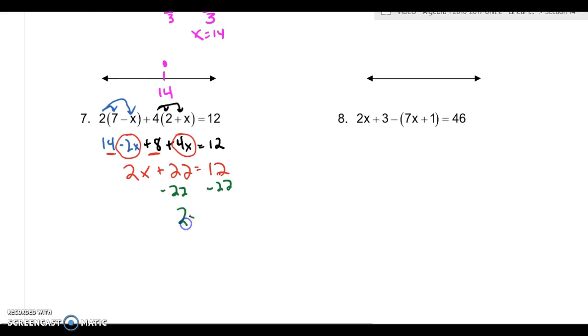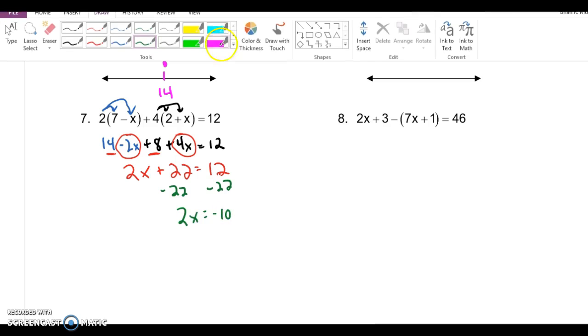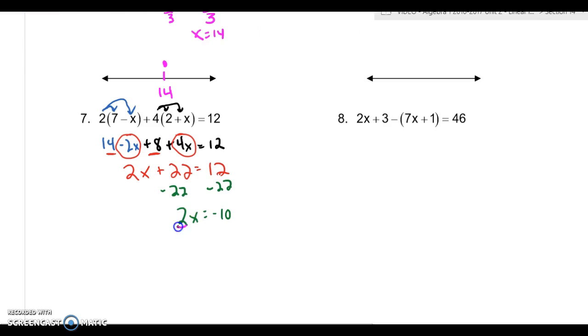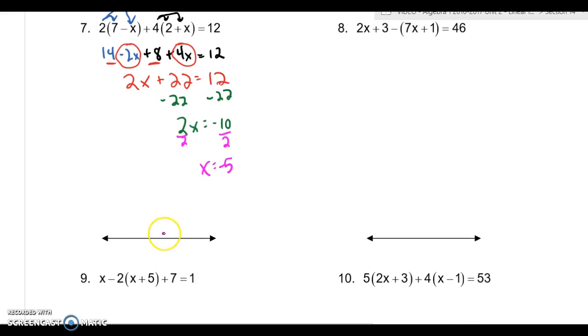And I get 2x equals negative 10. Divide by 2. And I get negative 5. So again, our first step is distribute anywhere you need to, combine any like terms that you've got, and then you can apply reversing operations to solve this.